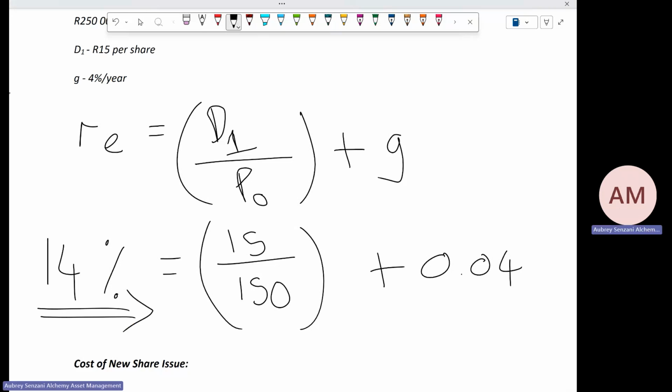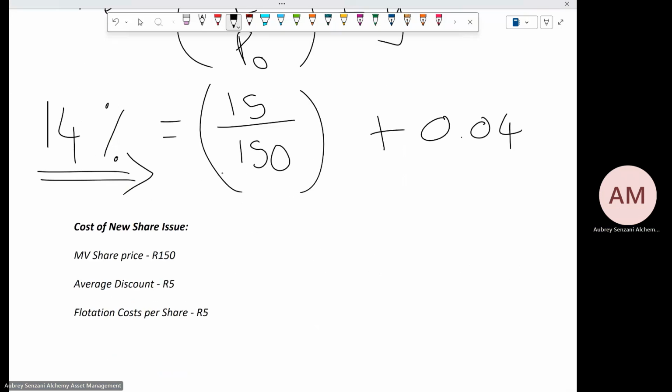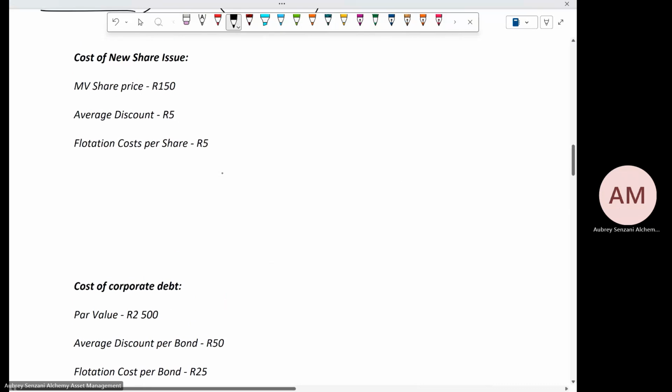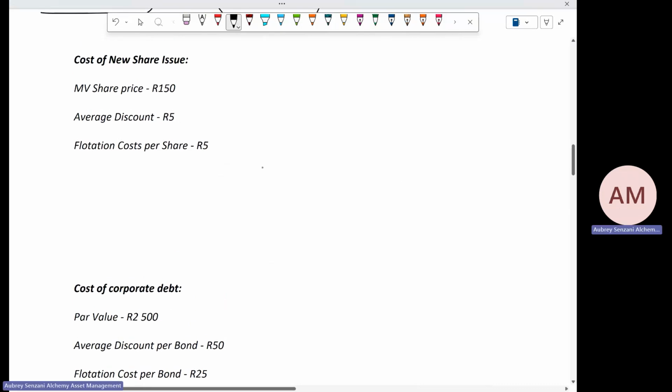Then we go to the next one, which is the cost of new share issue. This is assuming that we end up needing to generate more capital by doing a new share issue. So what's the formula there for a new share issue?